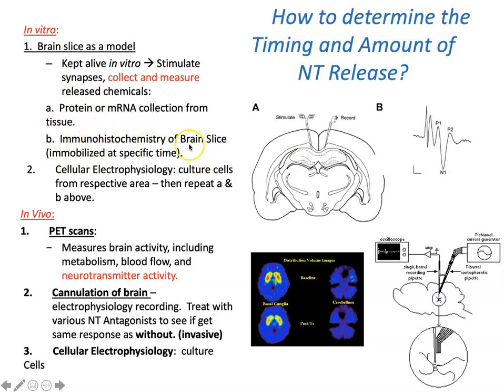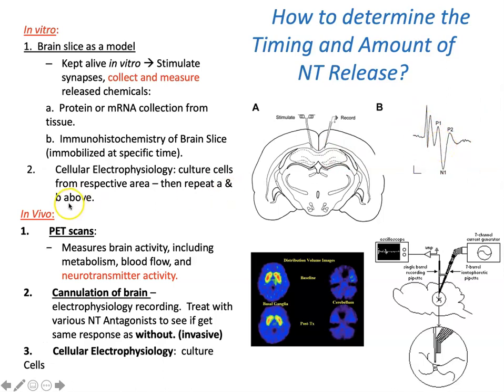And again, you can also do immunohistochemistry here so that you can see if the neurotransmitter protein you think is present is actually there. So this would be an example of an in vitro study of timing and amount of release, where we would record from a specific neuron in a dish or a brain slice in a dish after we stimulate to see how it affects the postsynaptic response.